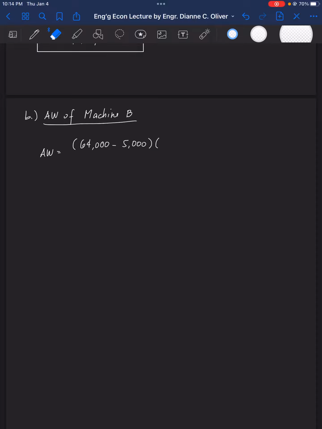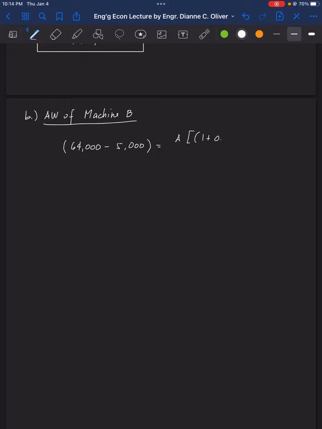In order for everyone to understand, what we're doing here is using the future worth of annuity. We have here 64,000 minus 5,000 equals annuity, 1 plus I, 0.12 raised to the power of how many years?